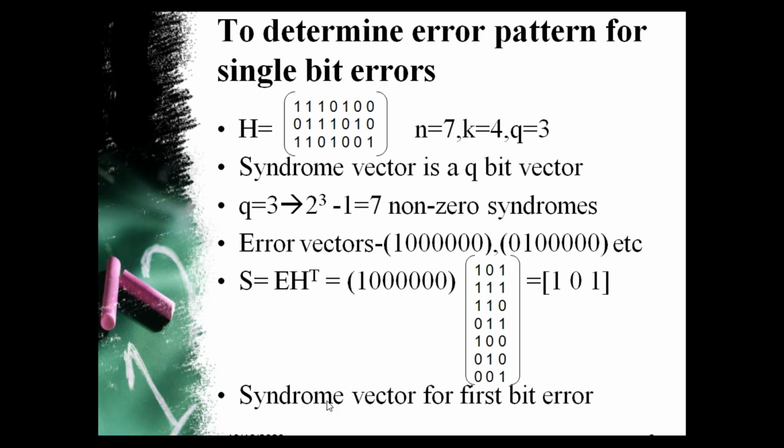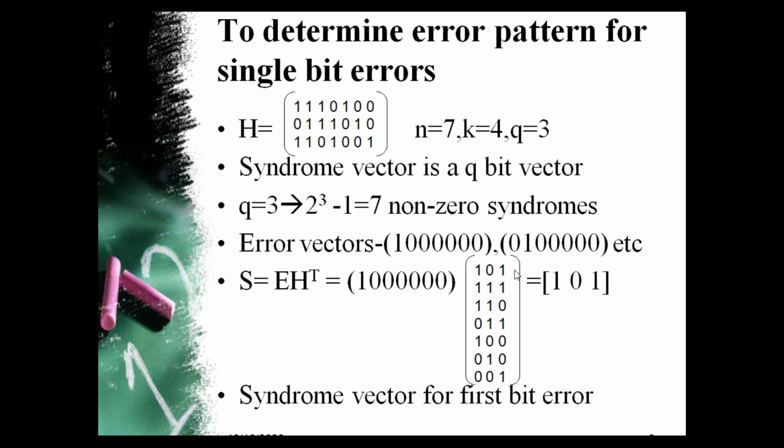It is the syndrome vector for the first bit error. That is, here we have taken the error vector corresponding to the first bit error. Then we have got 1 0 1 as the syndrome.